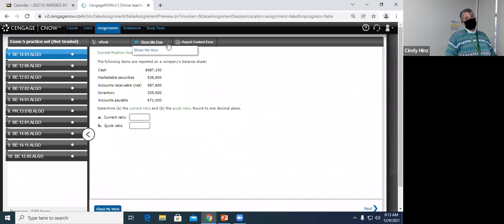Many, if not most of them have the show me how. Of course, all of them have the check my work button. And if those are not helpful, if you're stuck, you can always ask, even though these are not graded. I do think it's an important step to make sure you're prepared for the exam.